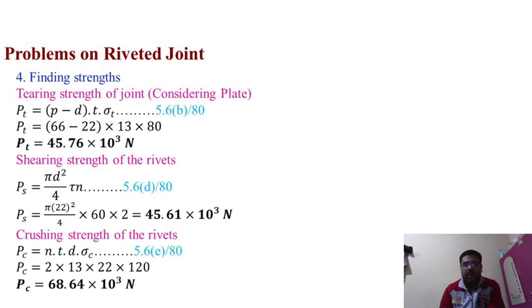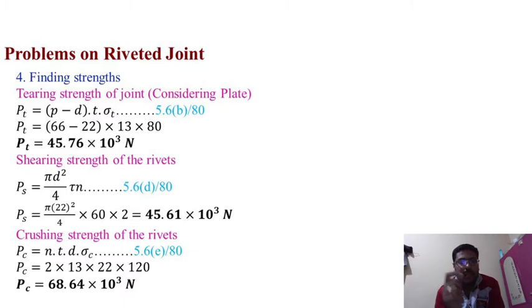So next we go to the same problem. We continue finding the strength of the plates and joints. First is the tearing strength of the joint, considering the plate. PT is equal to the tearing strength of the plate: PT is equal to P minus D into thickness T into sigma T, equation 5.6b, page number 80 from the data handbook.